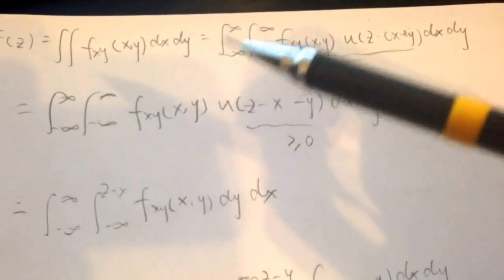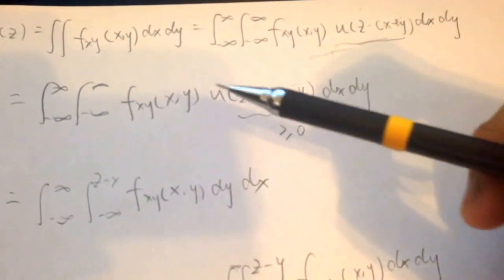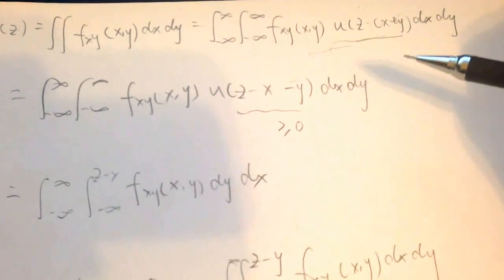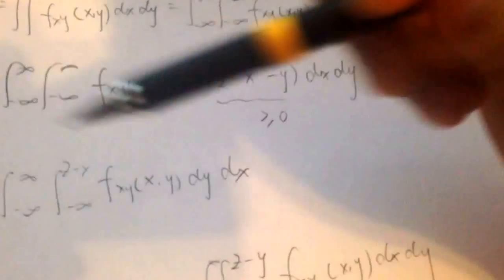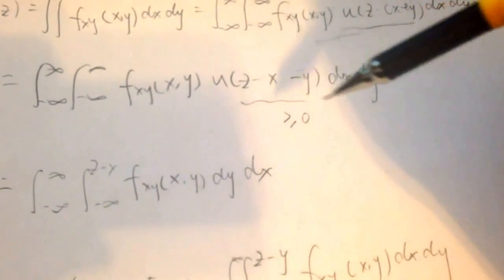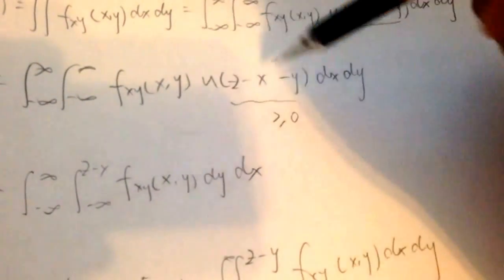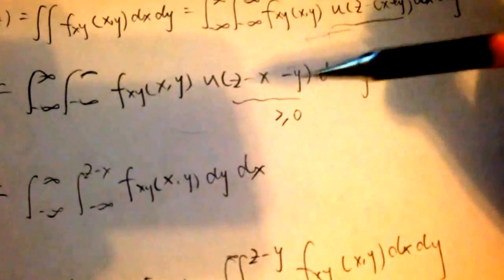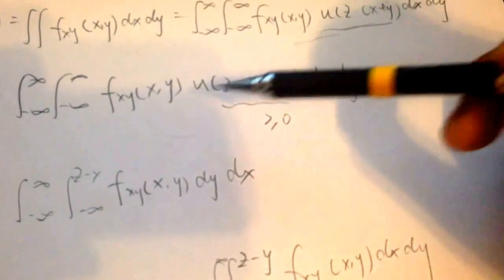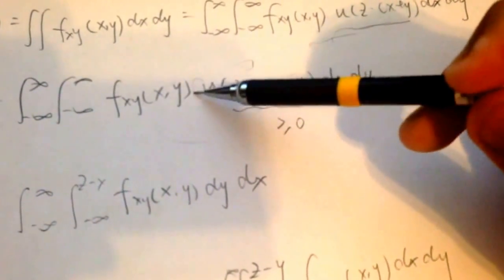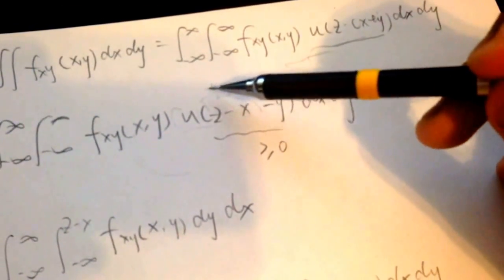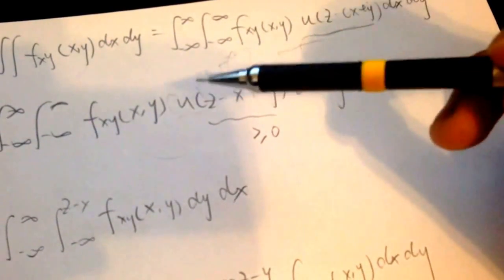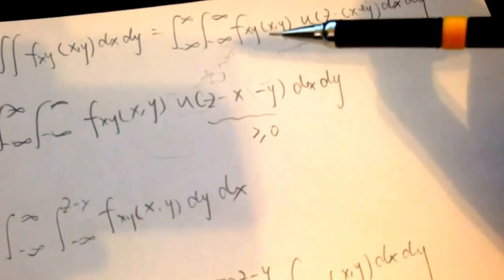So this part, u of z minus x minus y, has to be greater than or equal to 0, because only when z minus x minus y is greater than or equal to 0 can u be meaningful.